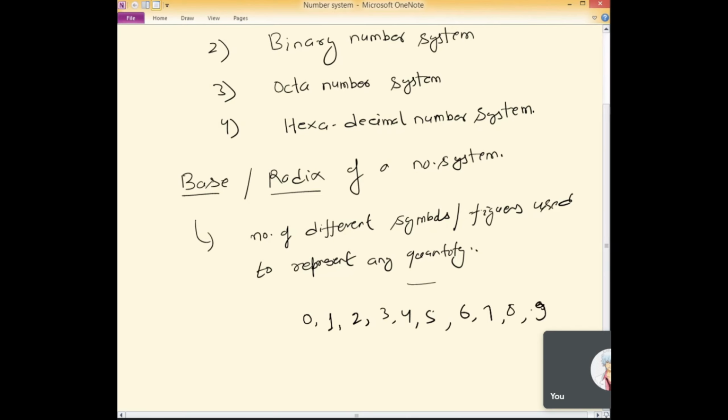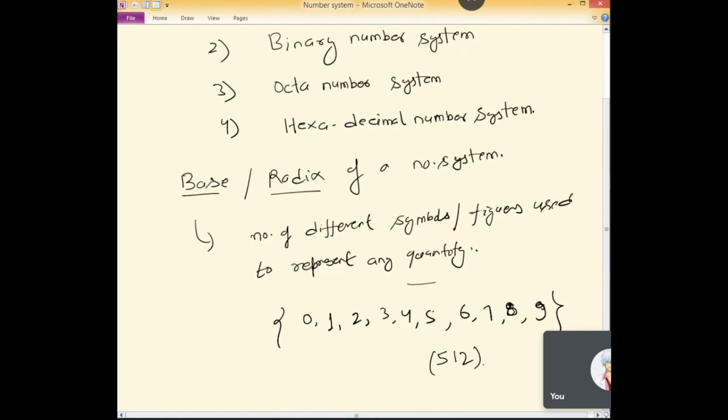So we can represent any quantity using these different symbols or figures. For example, we can represent 512.